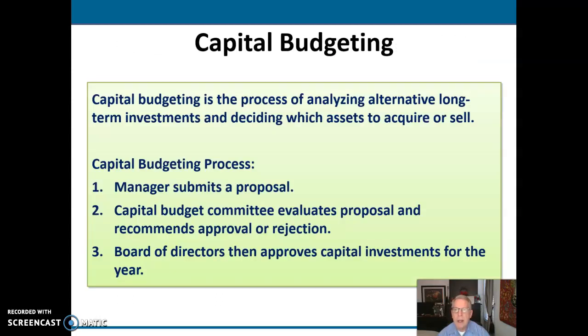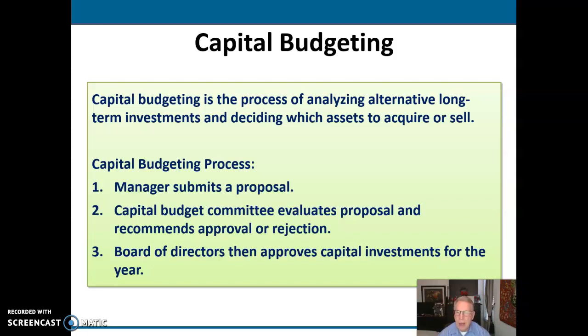All right. Capital budgeting, then, is the process of analyzing alternative long-term investments and deciding which assets we want to acquire or sell. So what happens is that someone, even maybe you, submits a proposal, and then the capital budgeting committee evaluates that proposal and recommends approval or rejection.